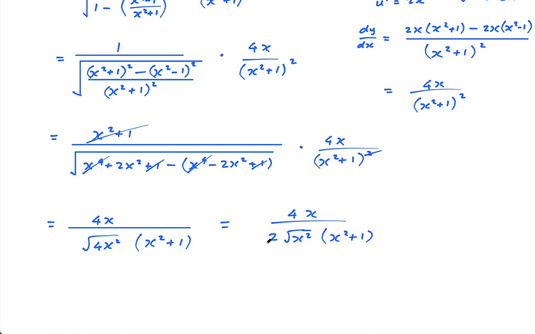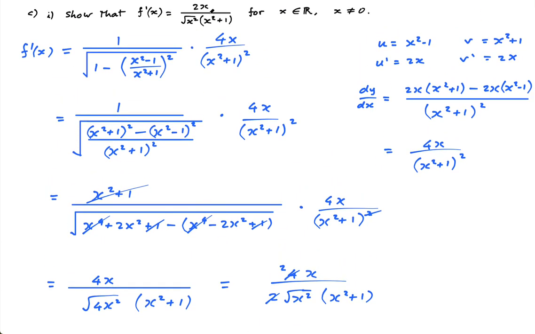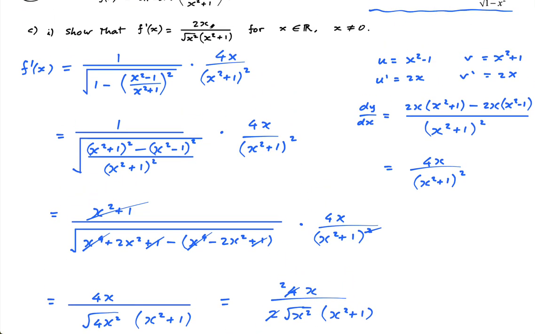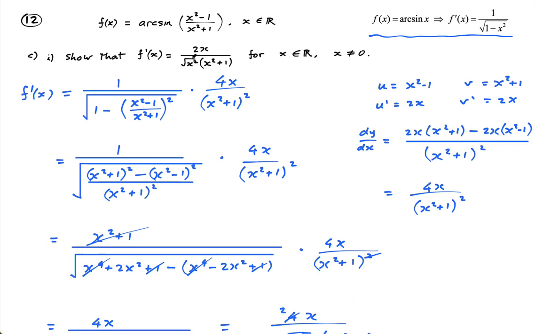And then this 4 cancels with this 2, and I'm left with 2x over the square root of x squared times x squared plus 1, which is what I think he wanted. Now you may ask, why doesn't he just say the square root of x squared is x? Well, in C part II, you'll see he has a reason for doing that. Okay, that's C part I.